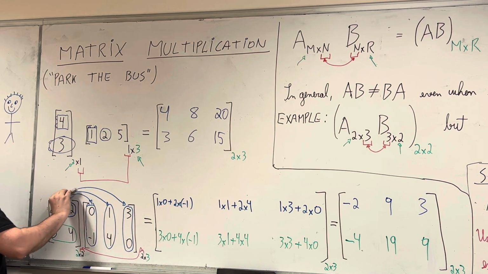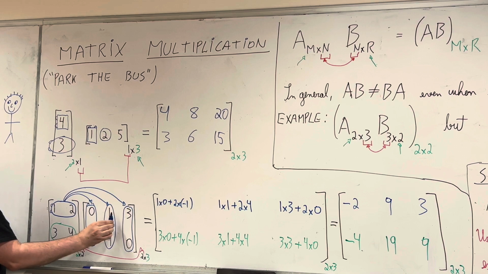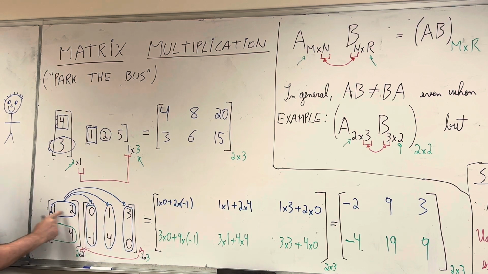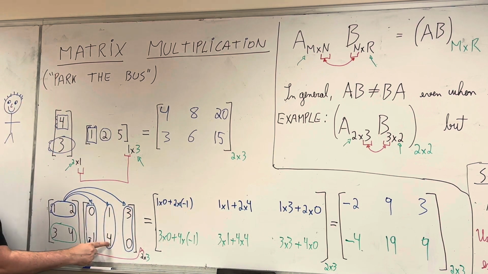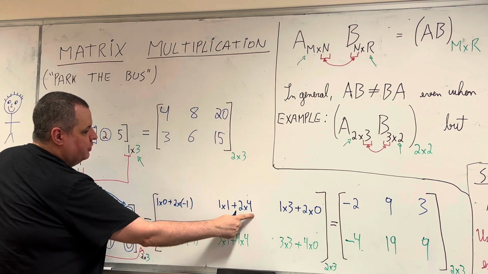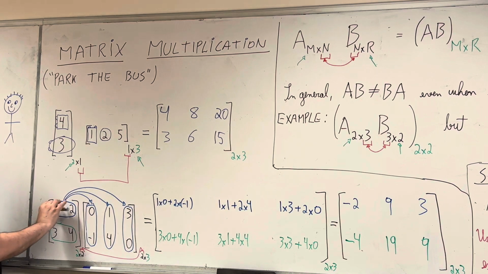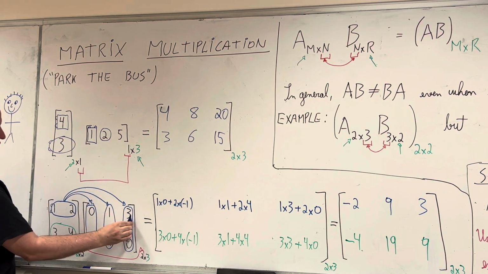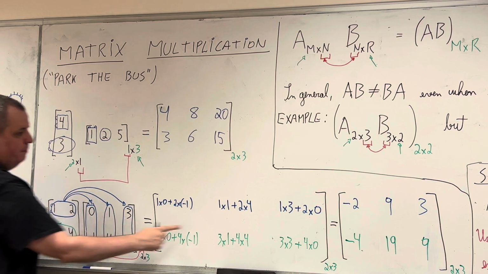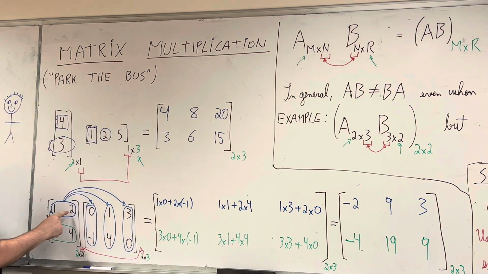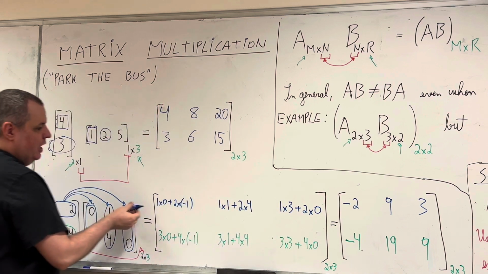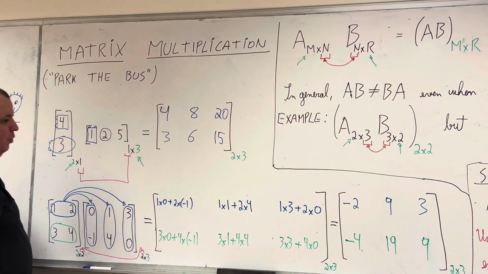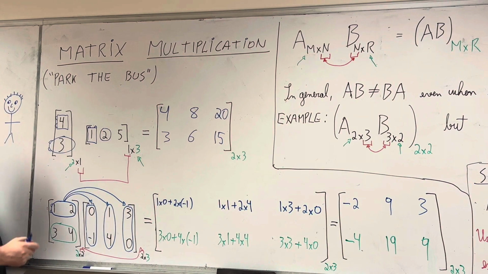So you drive, the bus parks here. 1 times 1 plus 2 times 4. Okay? And finally the bus comes here and parks here. So 1 times 3 plus 2 times 0. So that's how you make this first row of the multiplication.